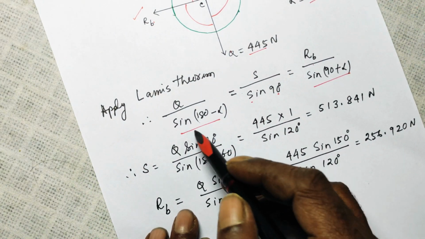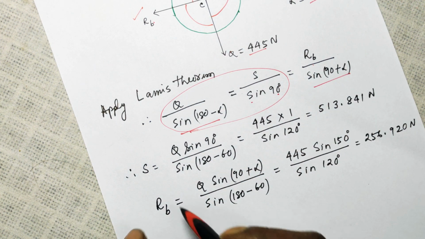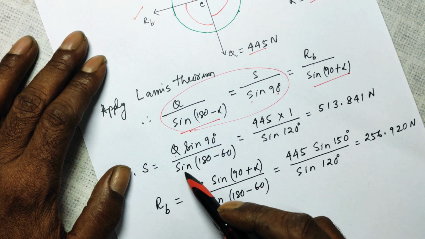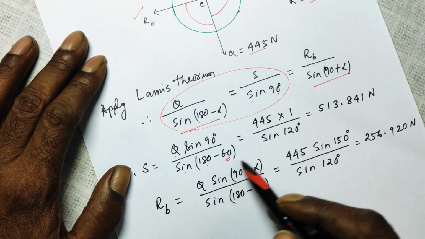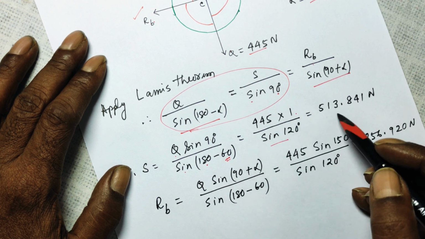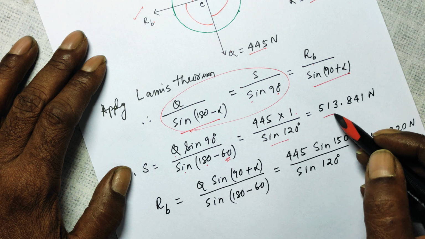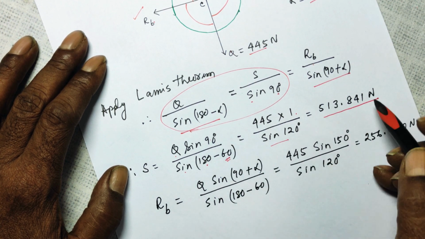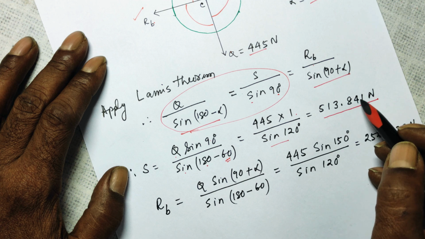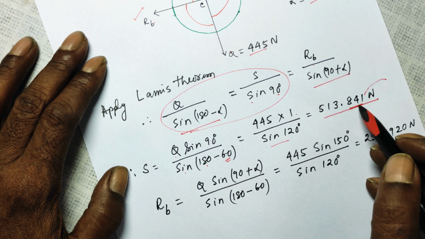Now if you consider these two and cross multiply, you get S is equal to Q sine 90 over sine of 180 minus alpha. I have put the value of alpha, so sine 120, sine 90, just put it in a scientific calculator, and it comes out to be 513.841 Newton. Of course, there are more digits after 841, I have only taken up to 3 decimal places.